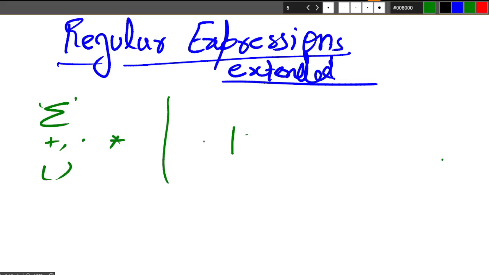It is just the OR symbol. You can use A or B. This is equivalent to A plus B as we have seen earlier. So this symbol is the same as the plus symbol. So this is your OR symbol.